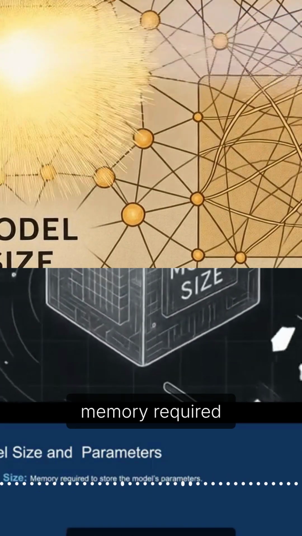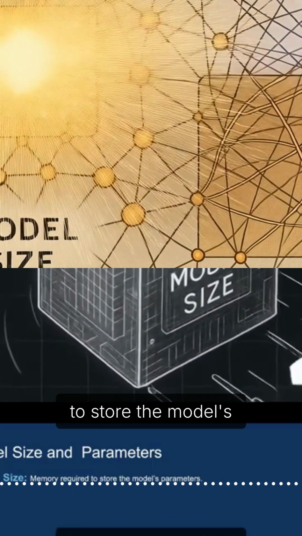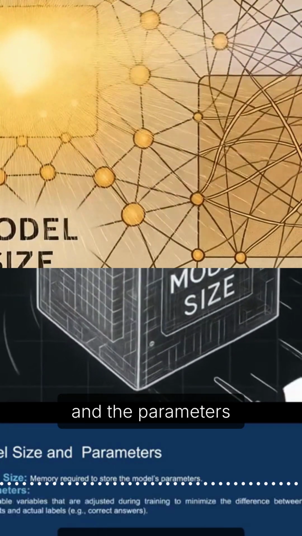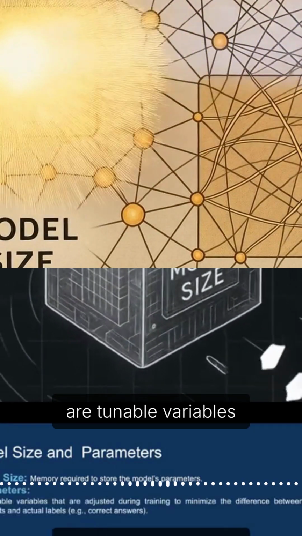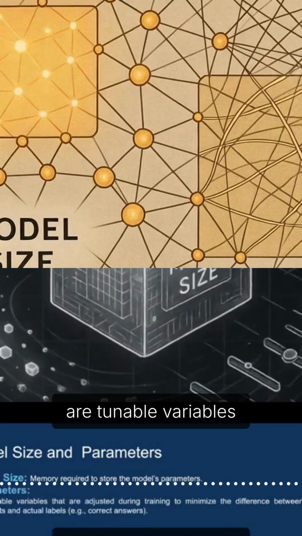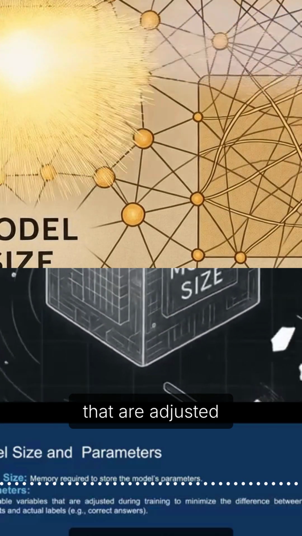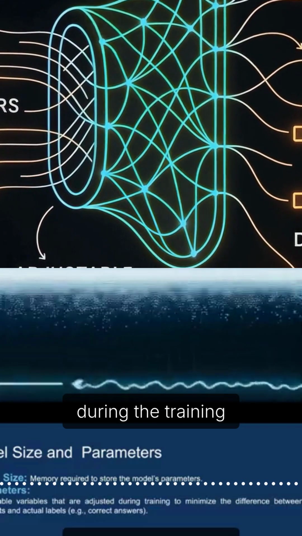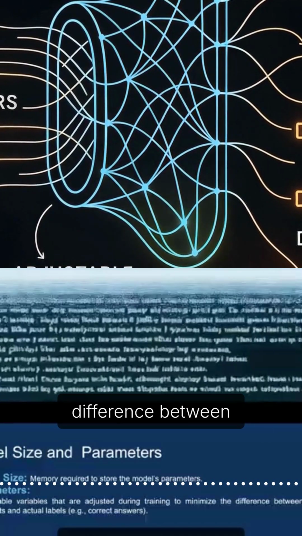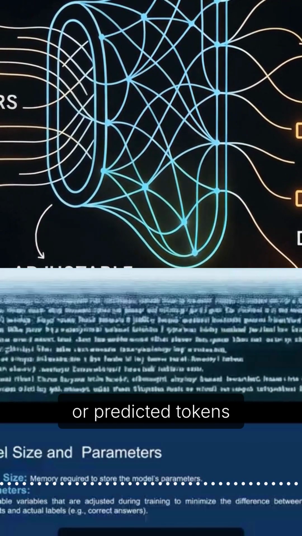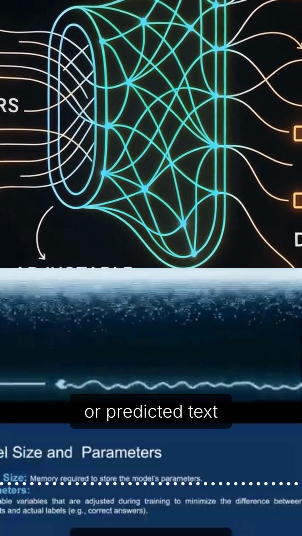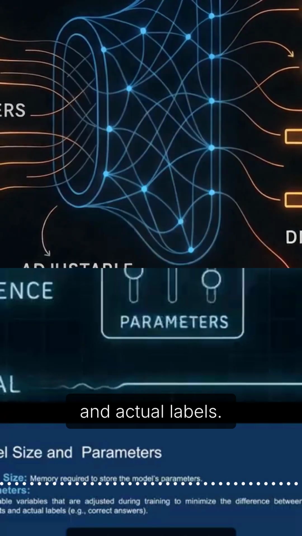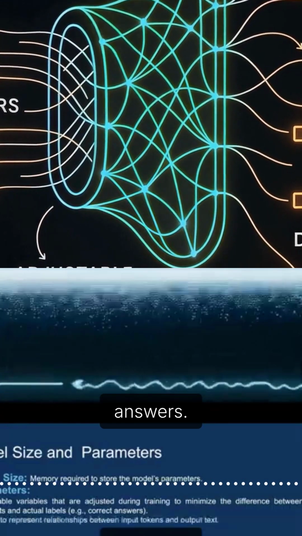Model size is the memory required to store the model's parameters. And the parameters are tunable variables that are adjusted during training to minimize the difference between predicted output, predicted tokens or predicted text, and actual labels, meaning the correct answers.